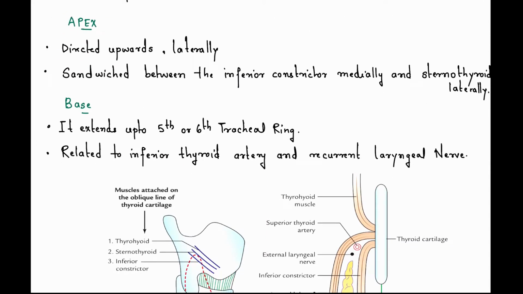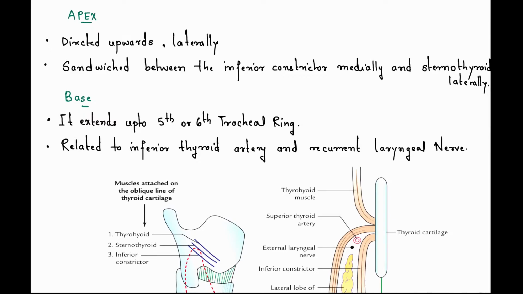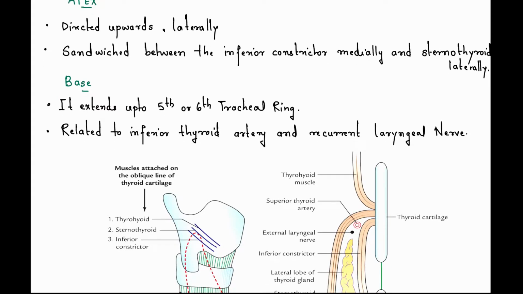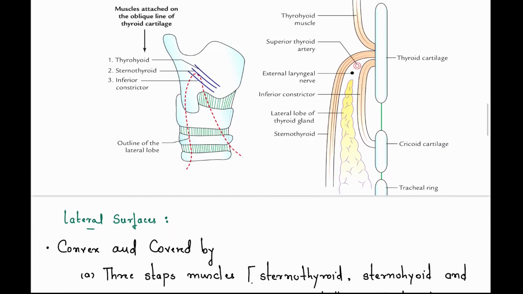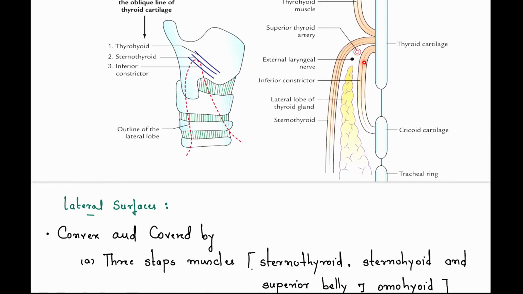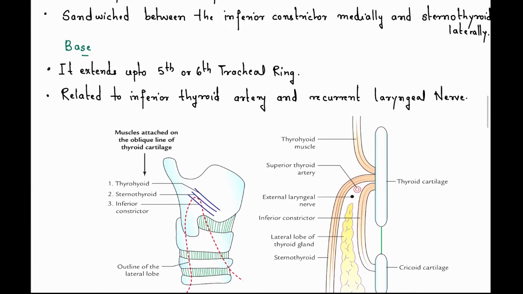The apex is directed upwards and slightly laterally, sandwiched between the inferior constrictor, constrictors being muscles, and there are three of them, and the sternothyroid. Like you can see here, the apex is sandwiched between the two muscles.